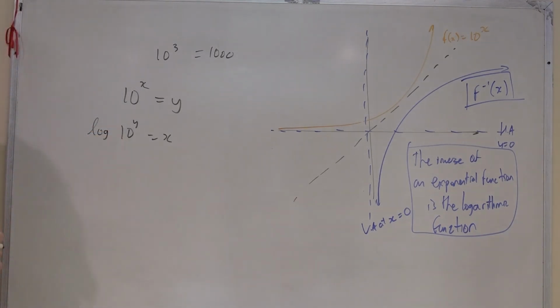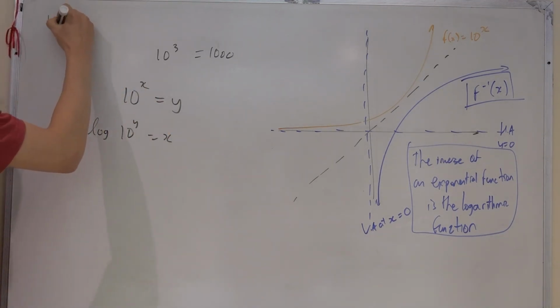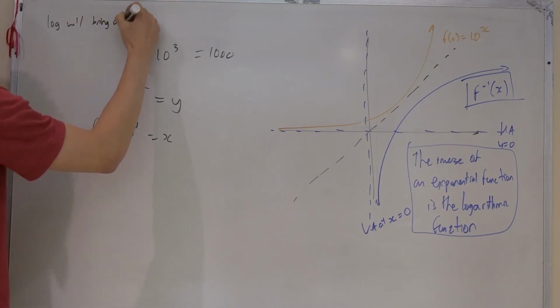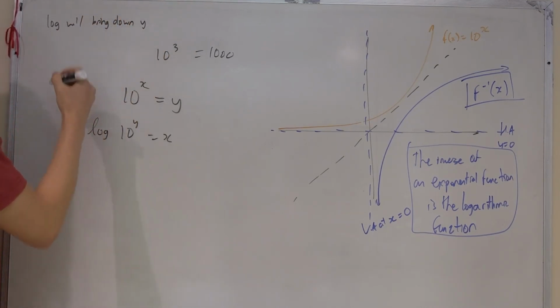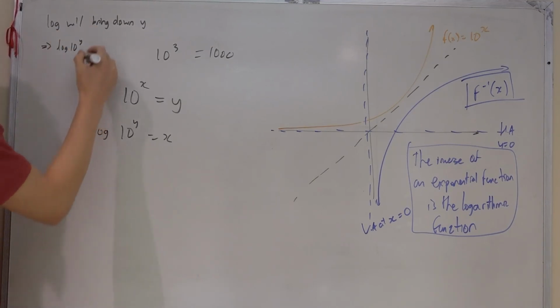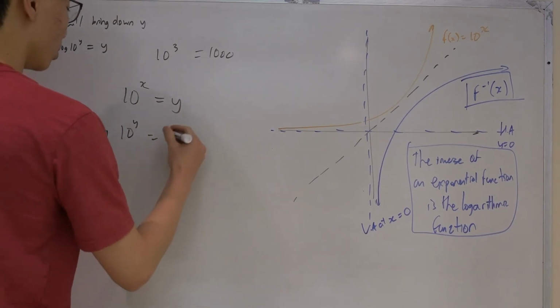What log does, in our heads, what we should think is log will bring down y. So in other words, log base 10 of y should be equal to just y. That's what we want log to do. Because we did it to one side, we have to do it to the other side.